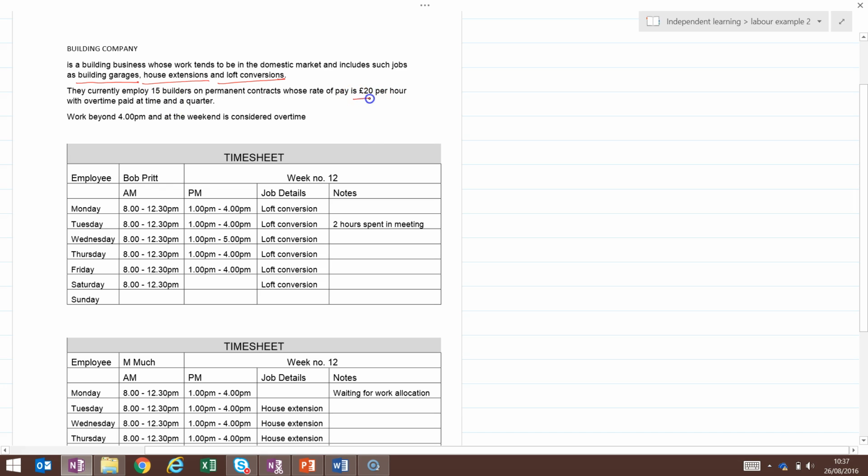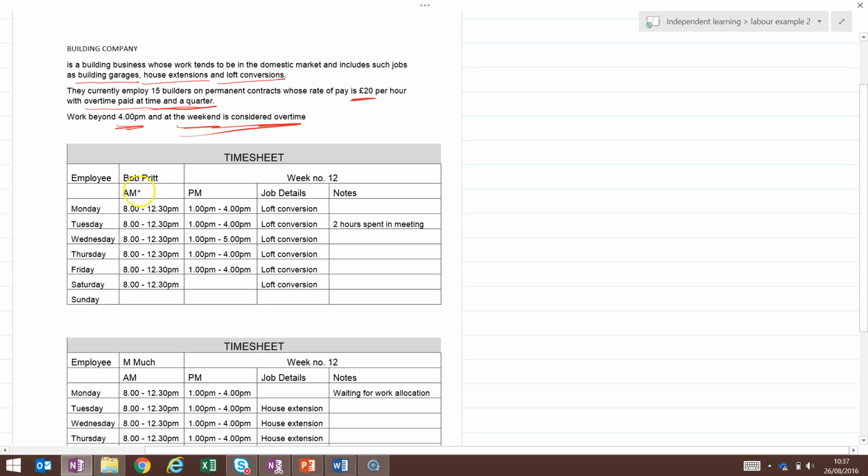The rate of pay, £20 per hour, overtime paid time and a quarter. Work beyond 4 o'clock and at the weekend is considered overtime. You then have the timesheet for 2 of their employees.